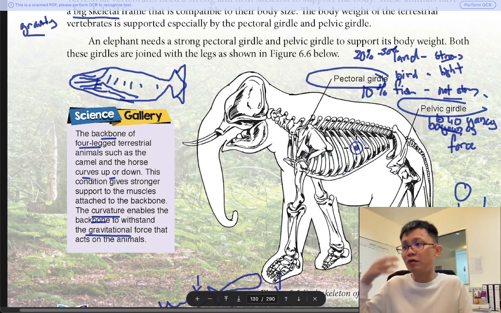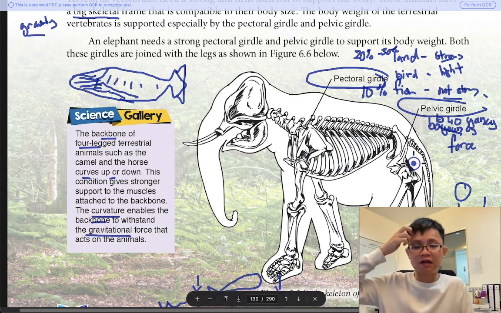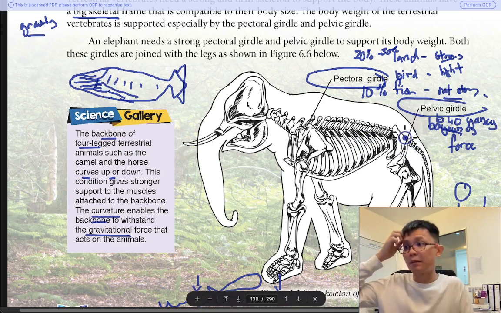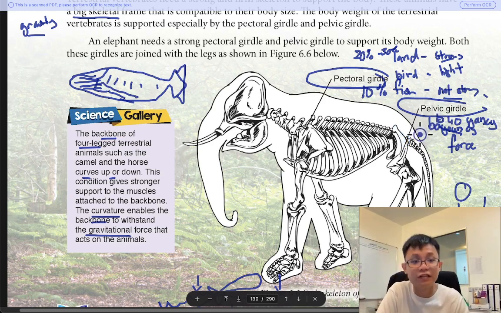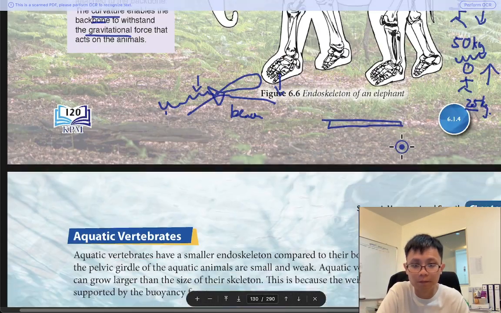So these two bones, if I'm not mistaken, the pelvic is the biggest bone in the human body. Which one is the biggest bone? It's not your head, it's not your rib, it's not your hand, it's your pelvis. 你的屁股那个骨头是 one of the biggest and very strong bones.